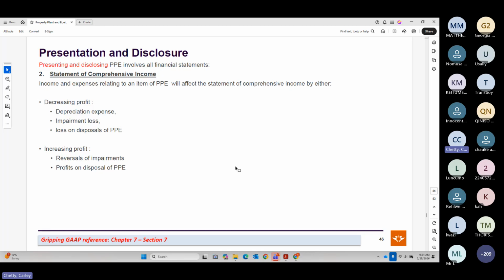And if you have any losses on disposals of PPE, these all decrease profit. Then we have those items that increase profit. These are things like reversals of impairments, and if we have a profit on disposal of PPE.